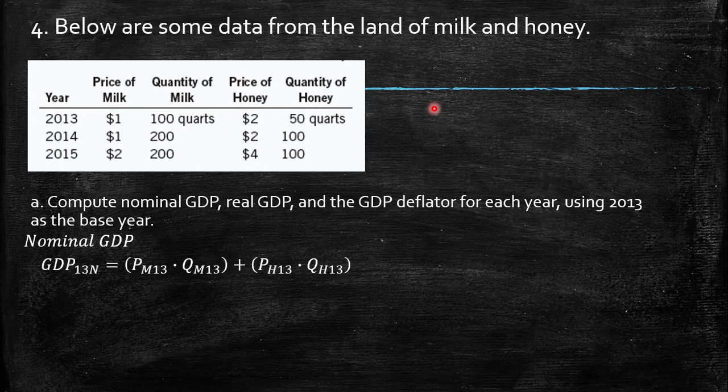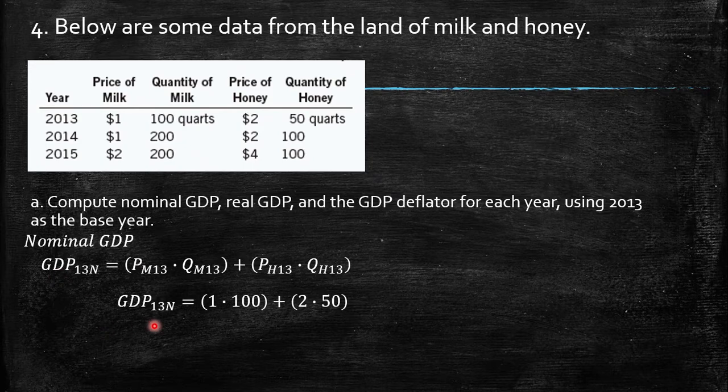So first, the nominal GDP. The nominal GDP for 2013 should be the prices of 2013 times the quantities. This M stands for milk and this H for honey. So here everything is valued with year 2013 prices.